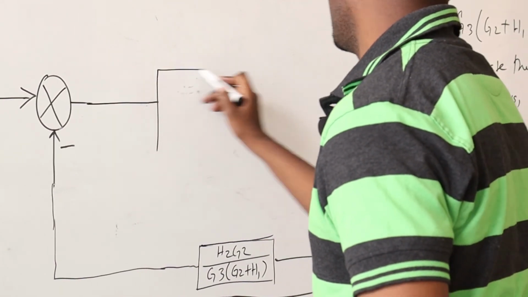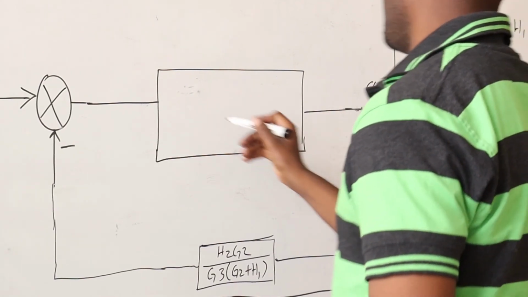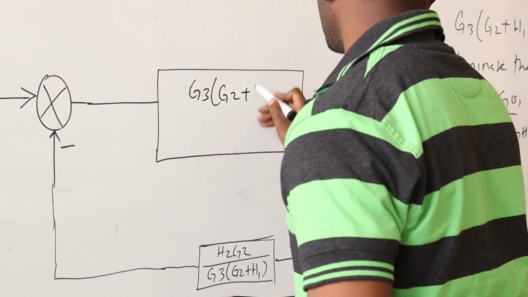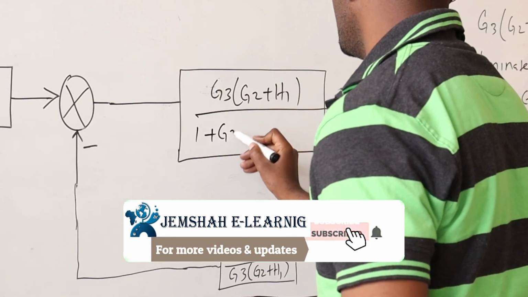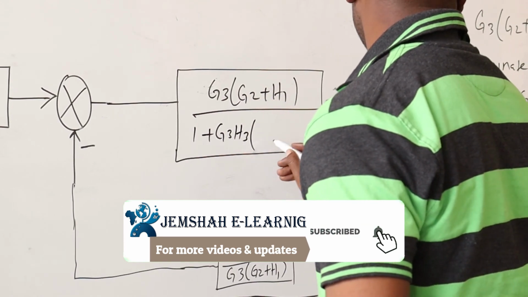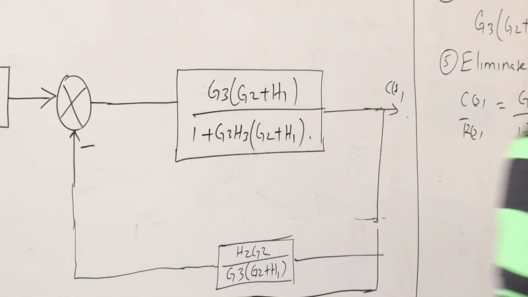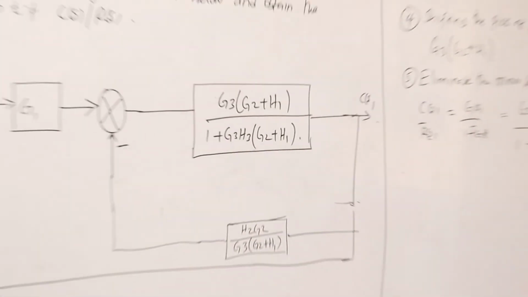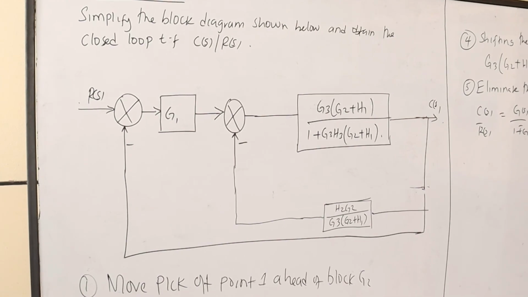Then here we have G3 into G2 plus H1 all over 1 plus G3 H3 into G2 plus H1. So that is going to be our new block diagram.